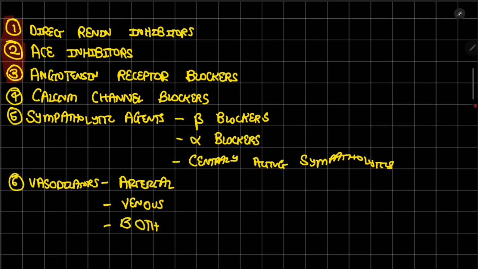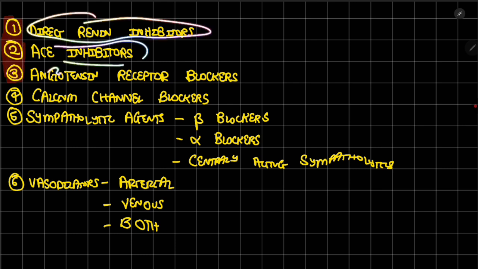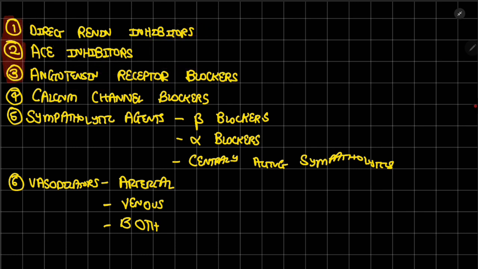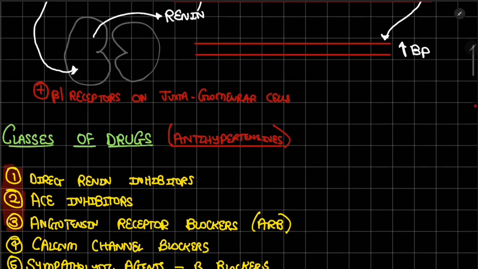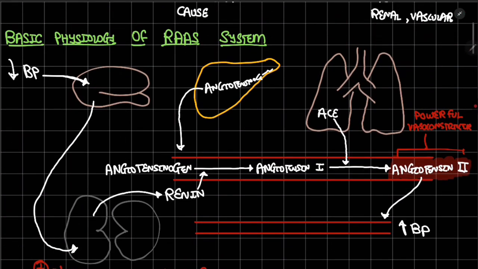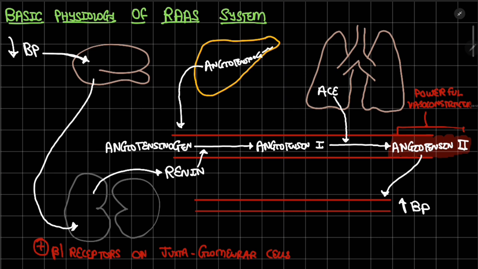Now at first I mentioned that these three are the main classes: direct renin inhibitors, ACE inhibitors, and the angiotensin receptor blockers, which are also known as ARBs. So why did I say that? Let's go back to the RAS system, where you may have observed one thing. We have generation of renin.